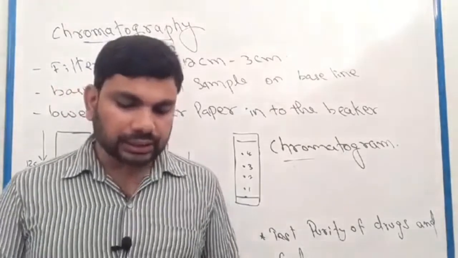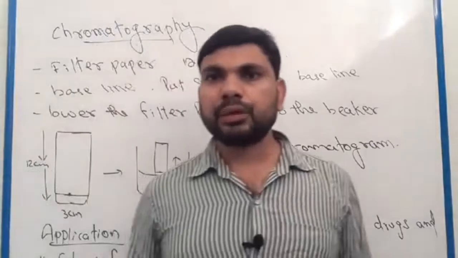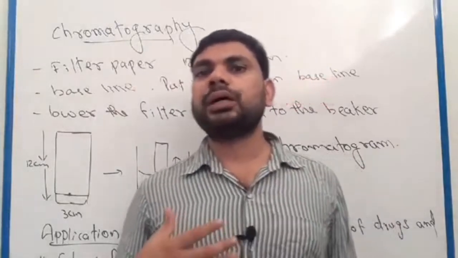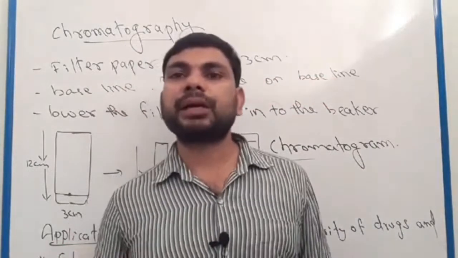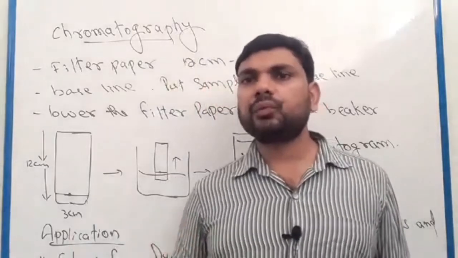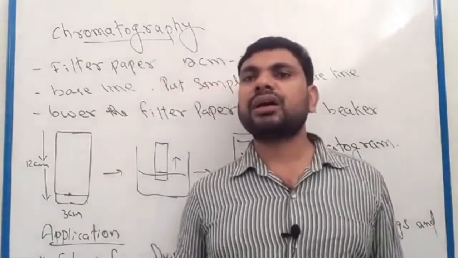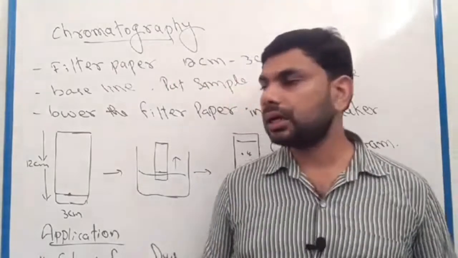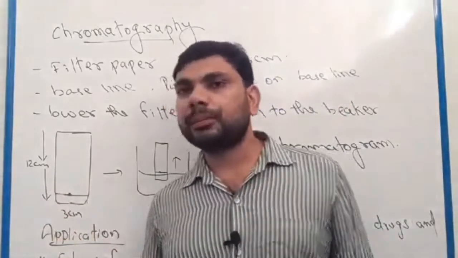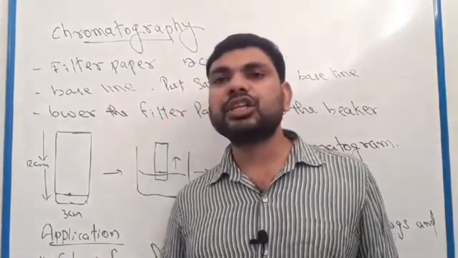So these are the things we have to discuss about the chromatographic experiment. This experiment is used to separate colored components, and here we have to use a special type of paper called chromatographic paper. The size is around 12 centimeter length and 3 centimeter width.